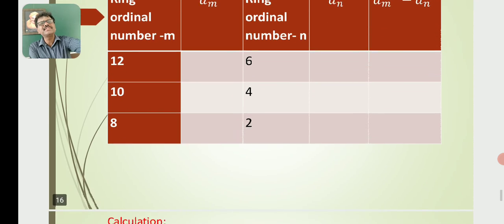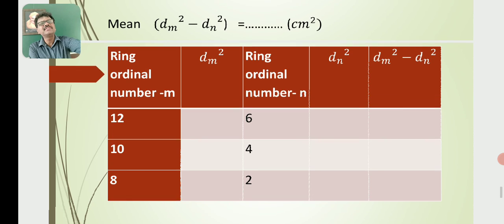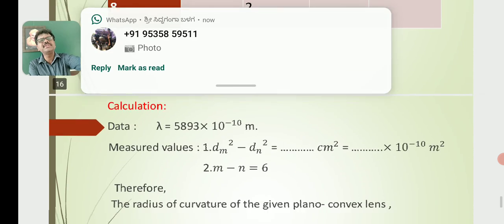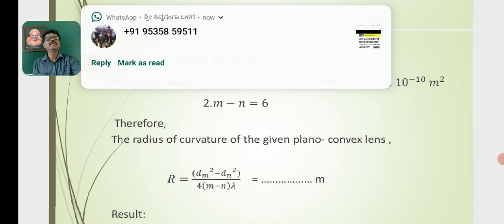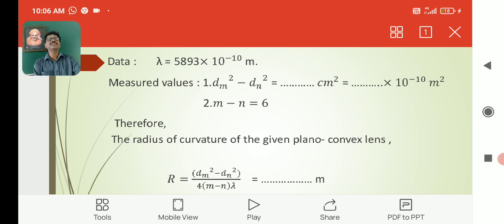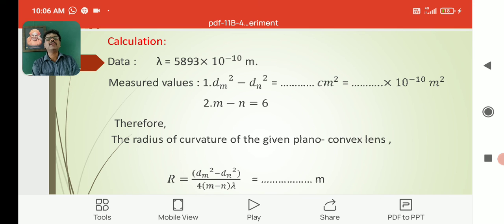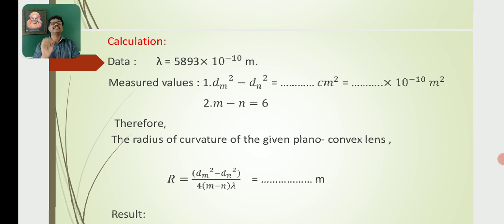So this is also the same thing, ordinal number and all those things. So then further, a calculation. How can that be calculated? Lambda is equal to 5,893 into 10 to the power of minus 10 meter. The measured value of dm square minus dn square is equal to something into 10 to the power of minus 10 meter square.